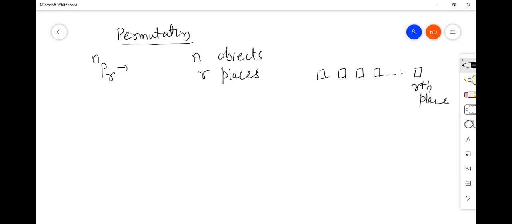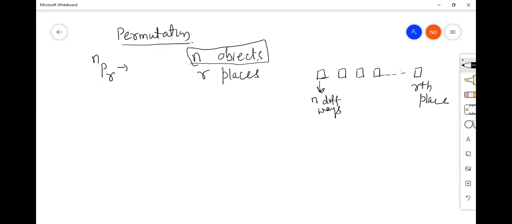Now we have n objects, so let's arrange them. In the first place, all n objects are there, so the first place can have any one of the n objects in n different ways. I hope this concept is clear.